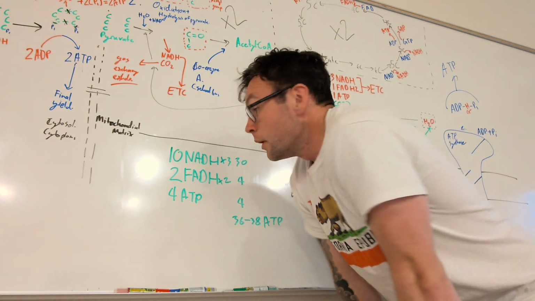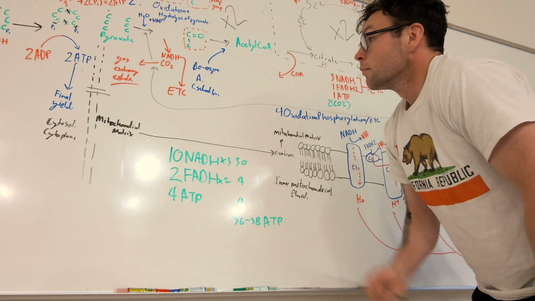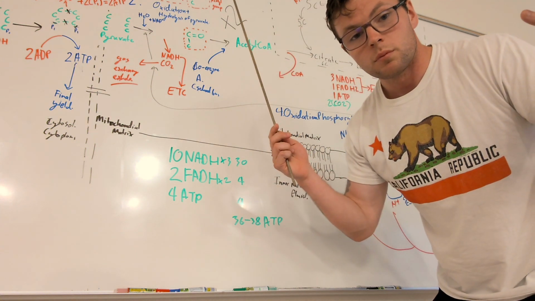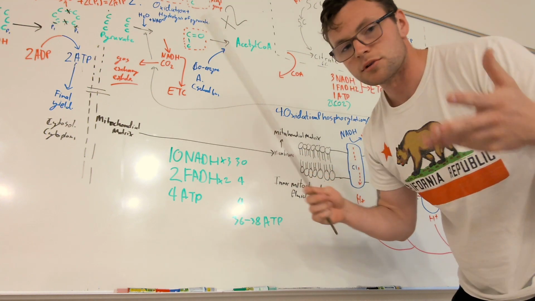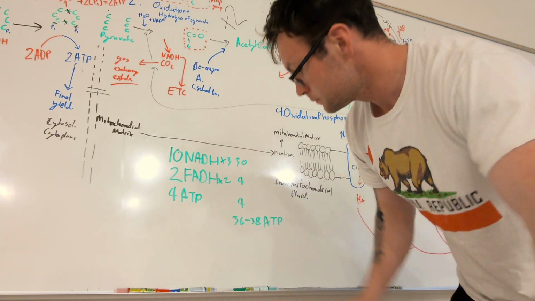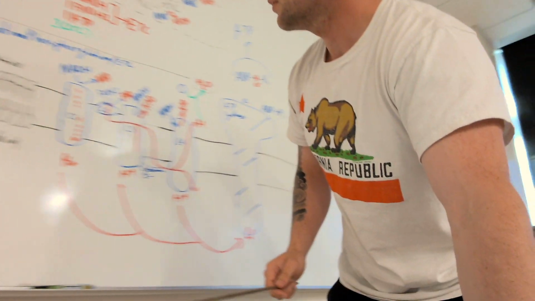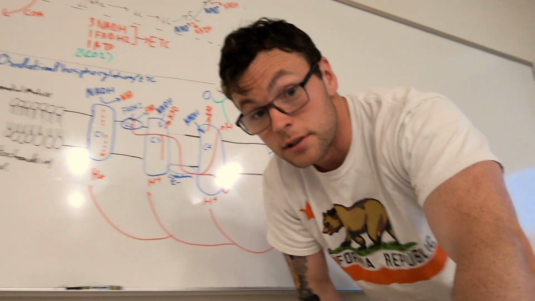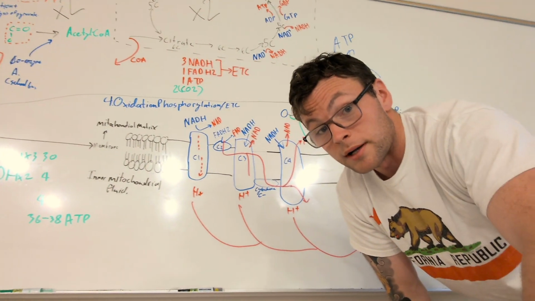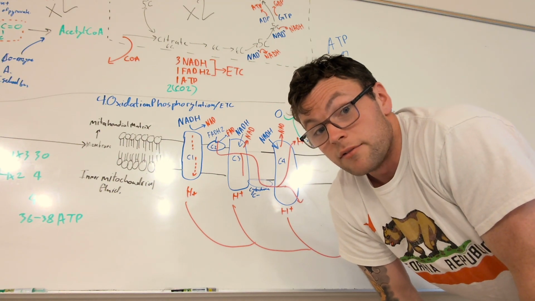It gets rid of the sugar. We've gotten rid of our glucose. Our glucose and our carbons. We've fully broken this thing down. All right? And here we are into oxidative phosphorylation. So now we've gotten all this energy stored in these little boxes of NADH and FADH2.